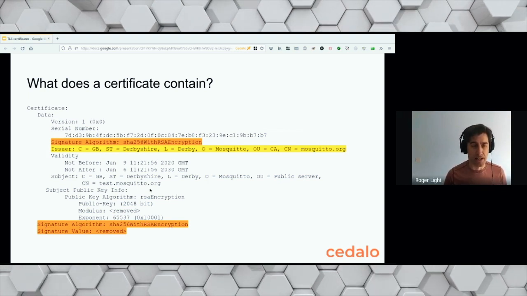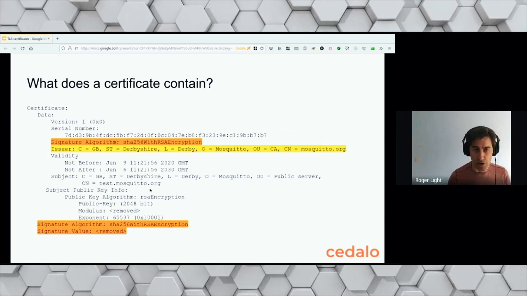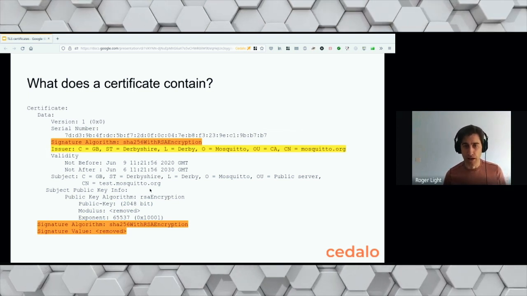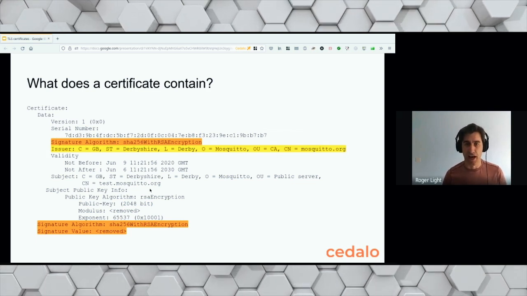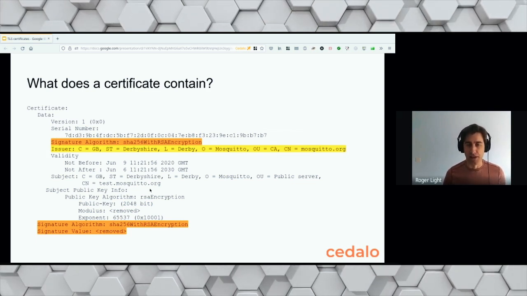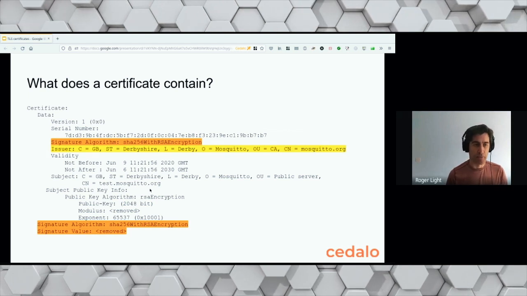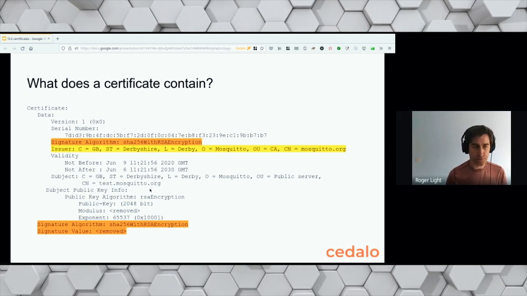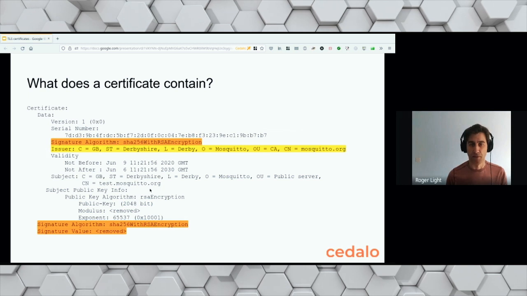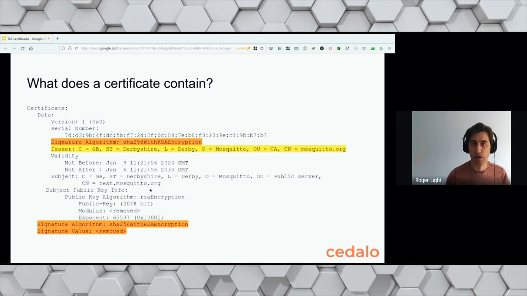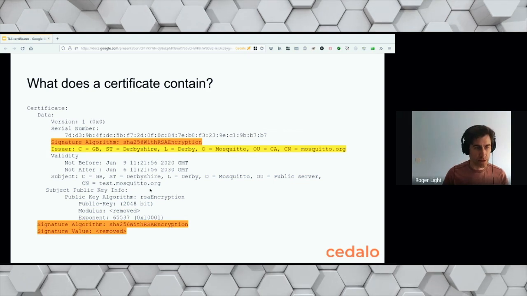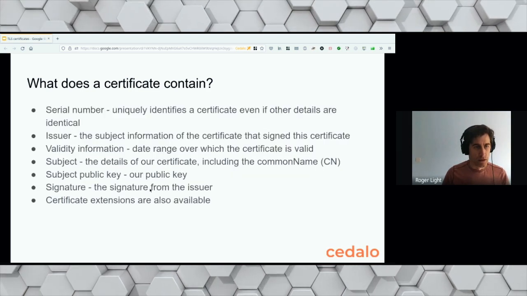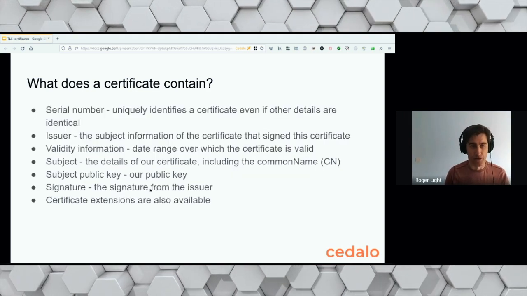In this particular case, you can see that the issuer was also me, except this time it's in the organisational unit of CA. Like I say, this is the bit that I've made up. If this was a Let's Encrypt certificate, then there'd be something about Let's Encrypt in the issuer that we would see there, and they would be a bit different. Okay, and that again just repeats what I've just said.